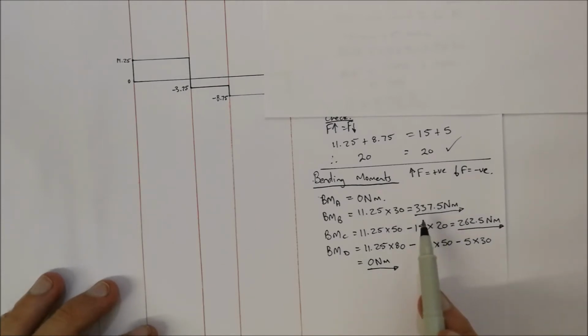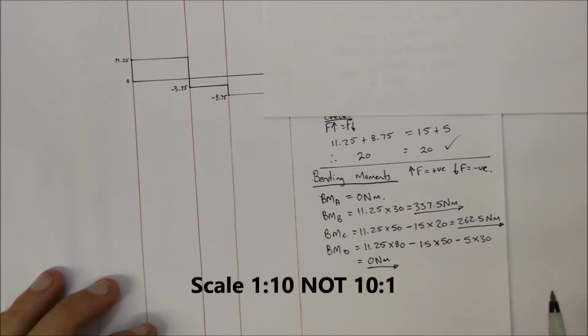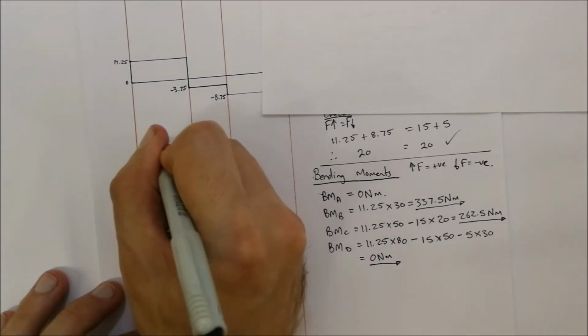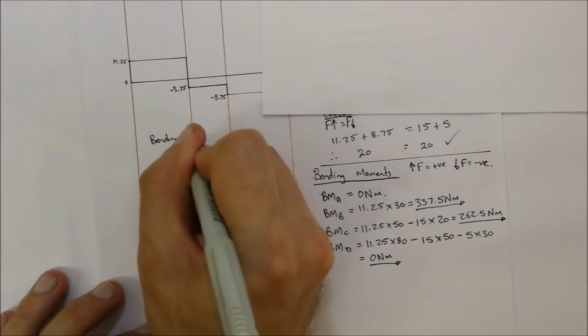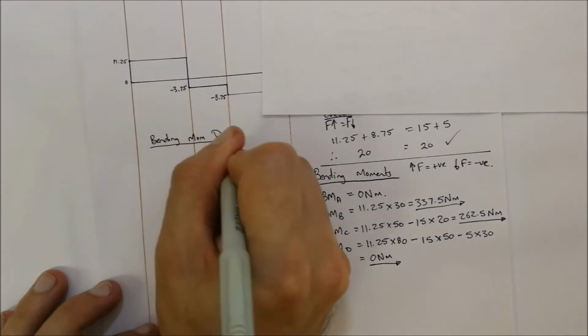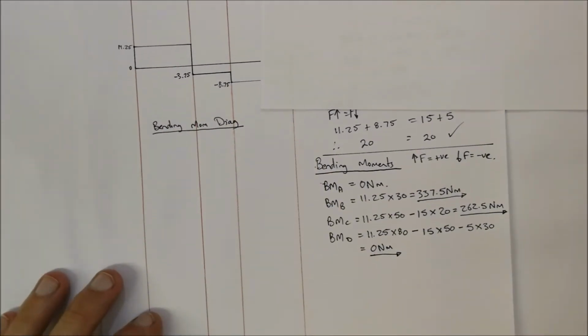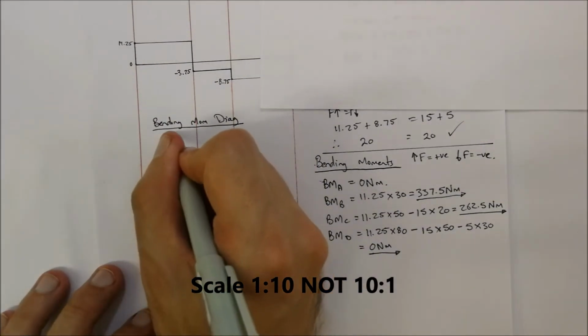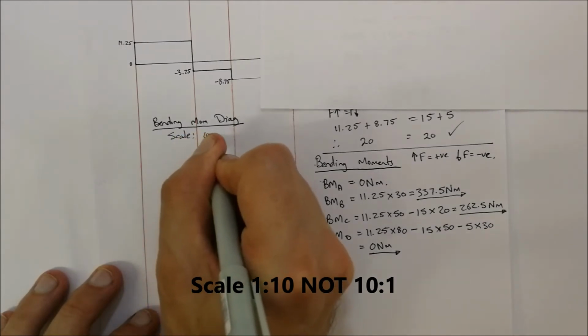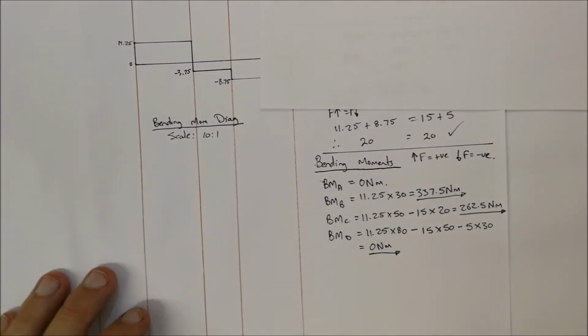Okay, so I'm going to use a scale of 10 to 1. So for the bending moment diagram, the scale is going to be 10 to 1.